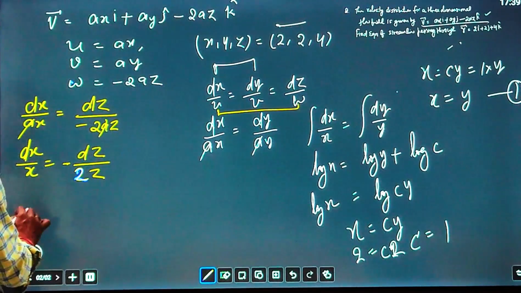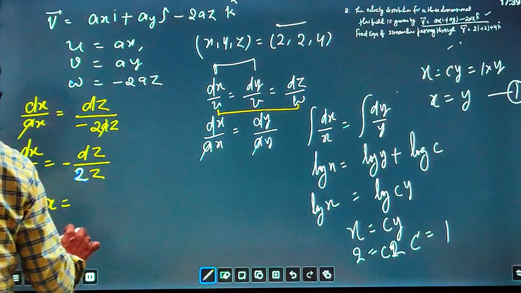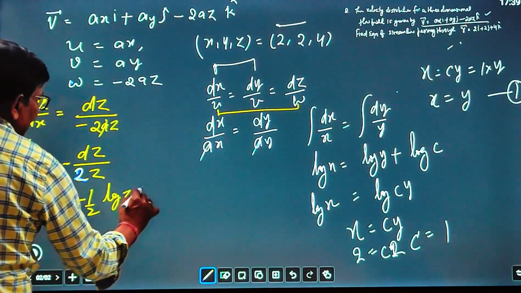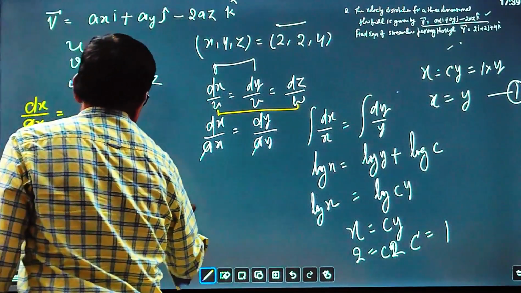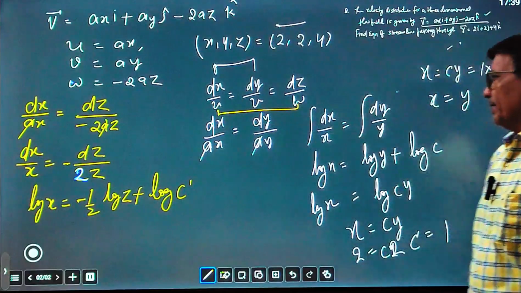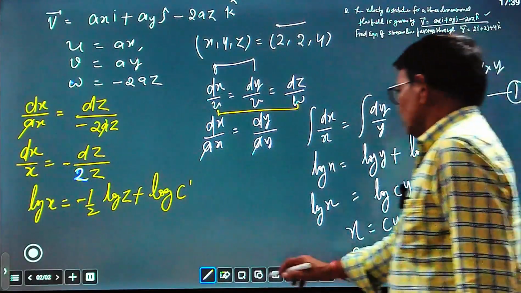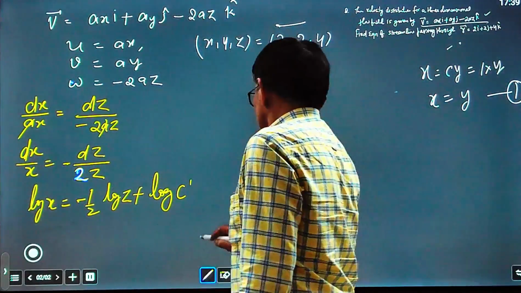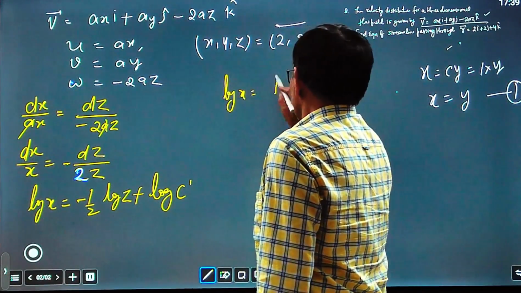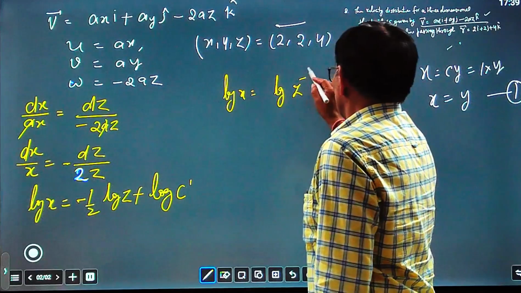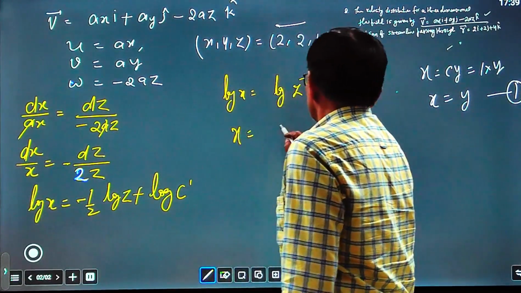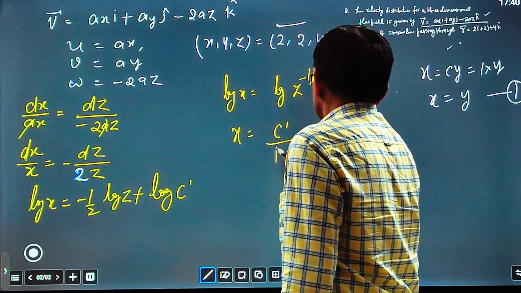Taking log x equal to minus 1 by 2 log z, and plus again a constant, let us take another constant c dash, because we have already taken constant c. Now log x equal to log z to the power minus 1 by 2 and c dash. So x equal to c dash upon under root z.